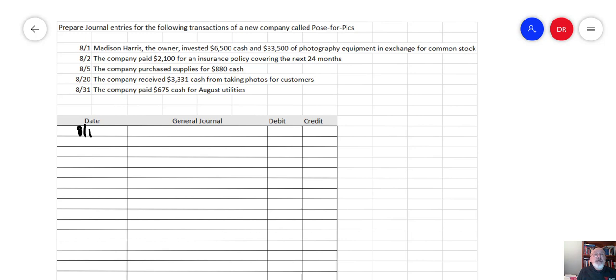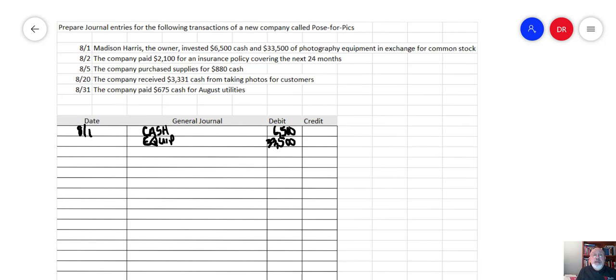It increases with a debit. We're going to always enter the debit first, like this, cash, and that's going to be $6,500. And then not only did the owner contribute cash, but also equipment worth $33,500. So we're going to add equipment here, which is an asset, and it'll be $33,500.